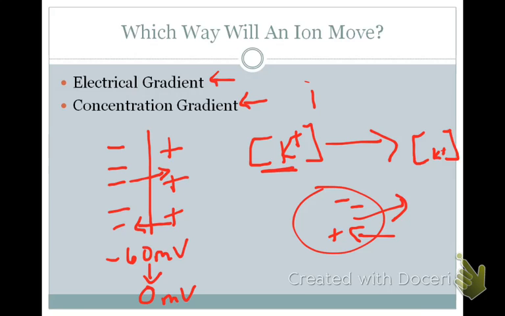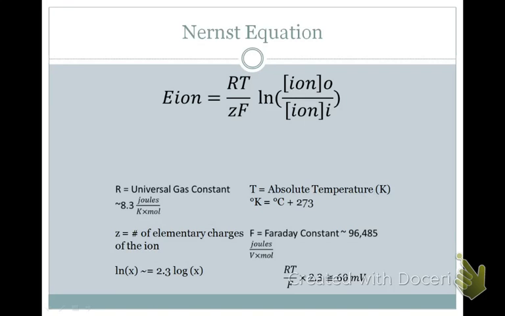or the Nernst equation. You may remember the Nernst equation from your chemistry classes. The Nernst equation states that the equilibrium potential of an ion, or E ion, is equal to RT over ZF times the natural log of the concentration of the ion outside over inside.